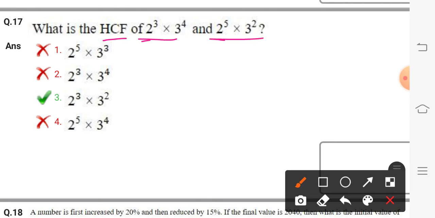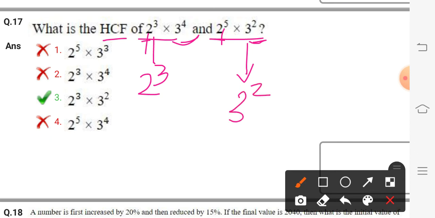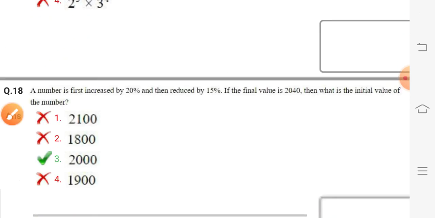These two numbers have 2 to the power of 3 common here and here, and 2 to the power of 2 common in this number and this number. So 3 to the power of 2. 2 to the power of 3 and 3 to the power of 2 is the answer. Third option is correct.